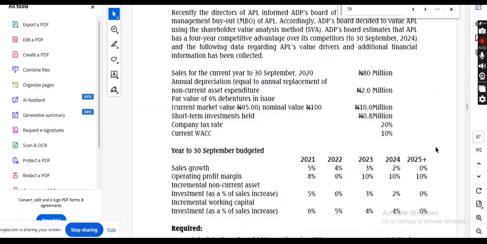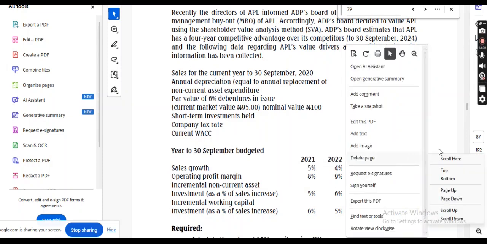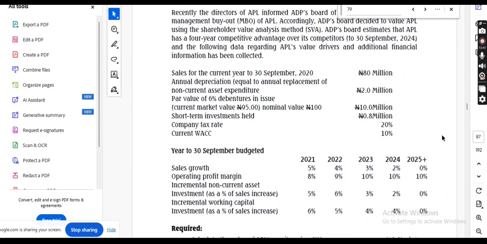So, my question is, what if there is no plus 2025? What will you do? Because the competitive advantage is just for 4 years. So anything that is after the 4 years is beyond, to infinity.